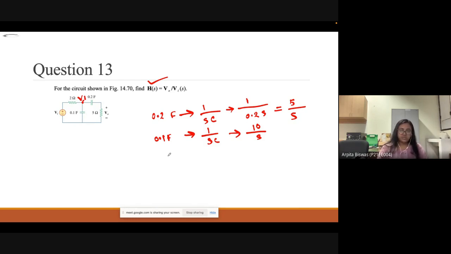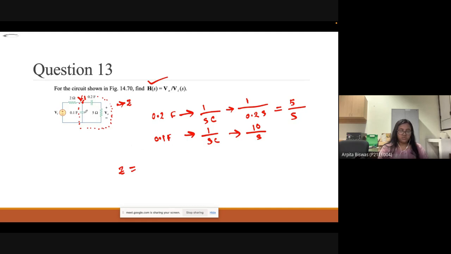Then find out the Z. So here from this side, this circuit, we can take the equivalent impedance Z. This is 10S, this is 5 by S, and this is 10 by S.